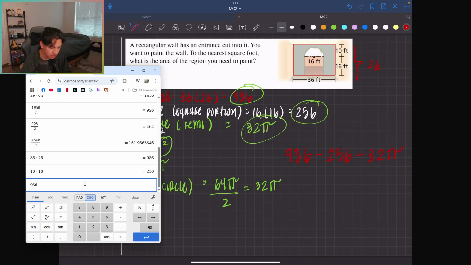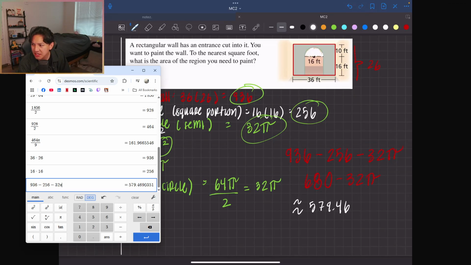The entire wall, 936, minus 256 is 680 so far, and then let's subtract 32 pi. That approximates to 579.46.